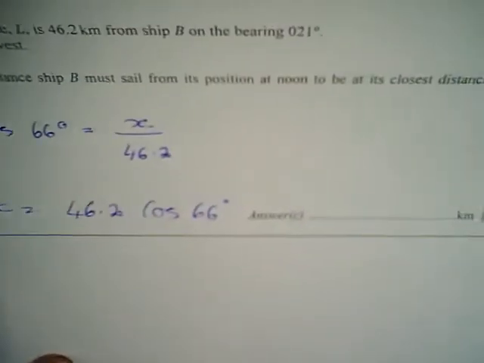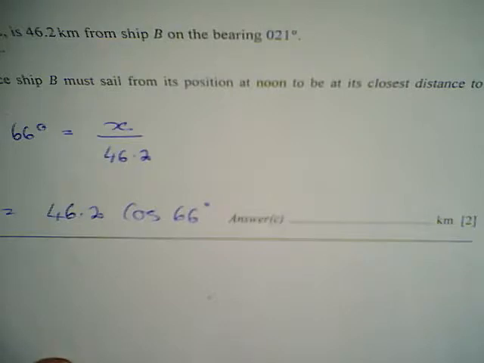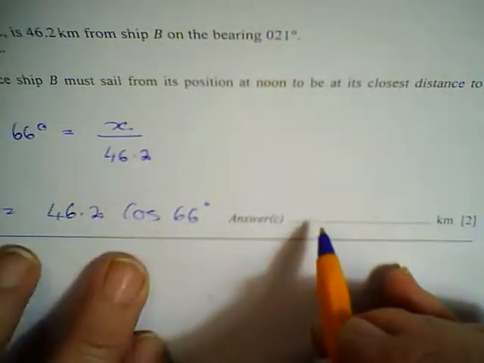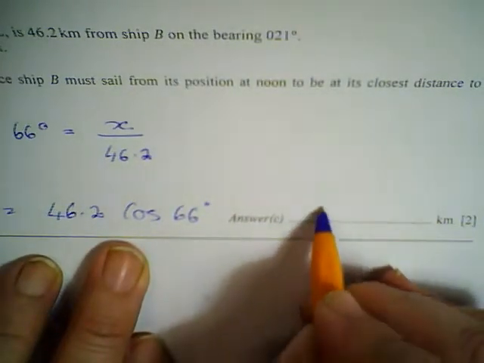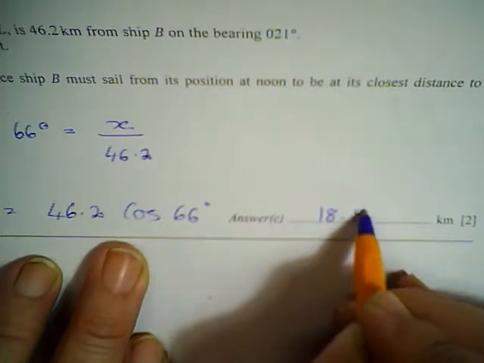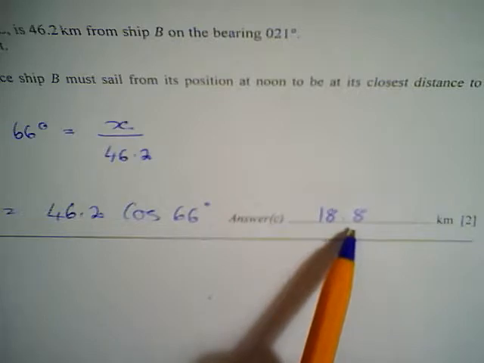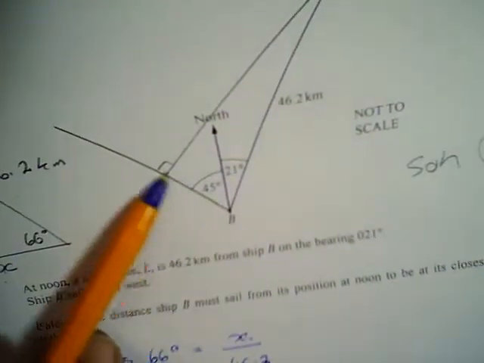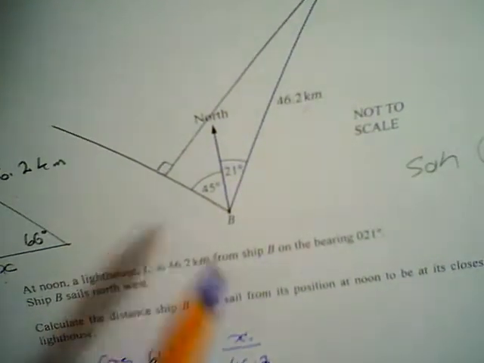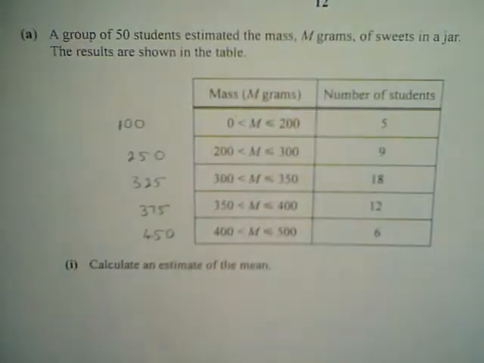Tap that into your calculator. Just make sure that your calculator is in degree mode. 18.8 kilometers. So x I get as 18.8, and this is the distance closer that it will sail. Okay, good.